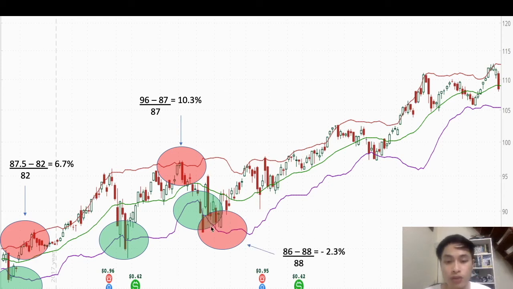We will have sold it at around $86, right? So we sold it at 86 and we bought it at 88. So we would have made a loss of negative 2.3%, right?